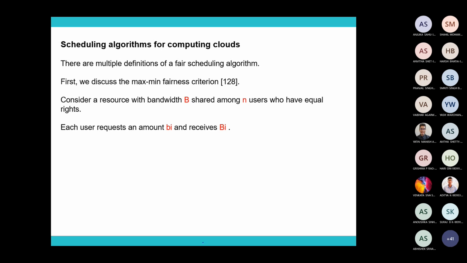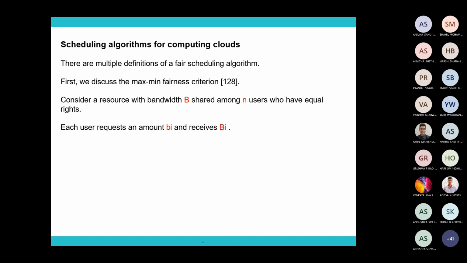Now with respect to this max-min fairness criterion, consider a resource with the bandwidth B, shared among n users who have equal rights. Each user requests an amount of bi.